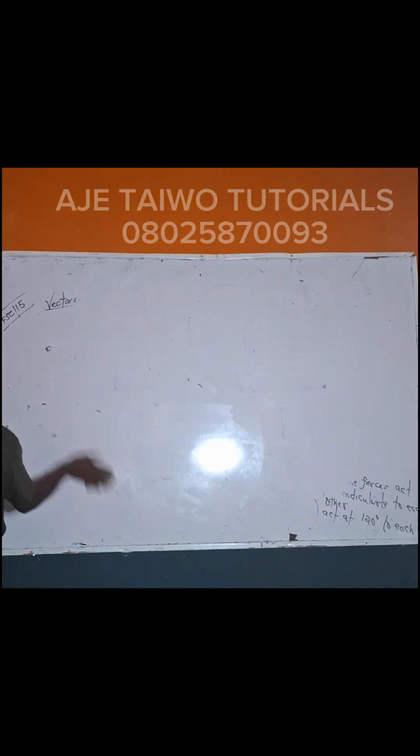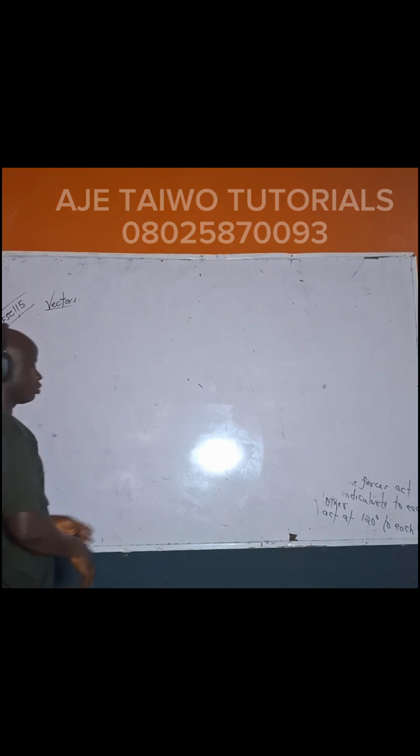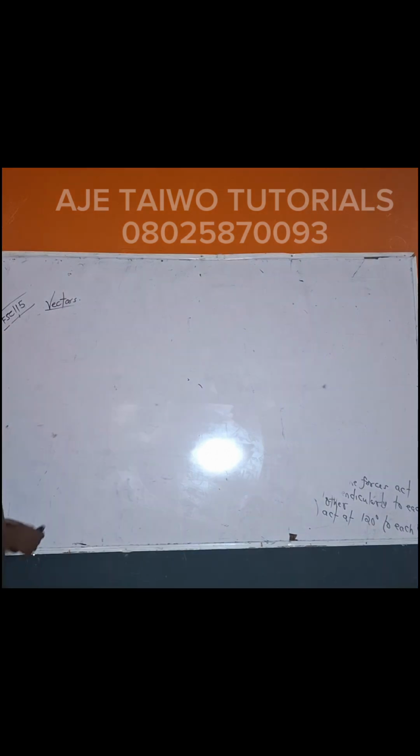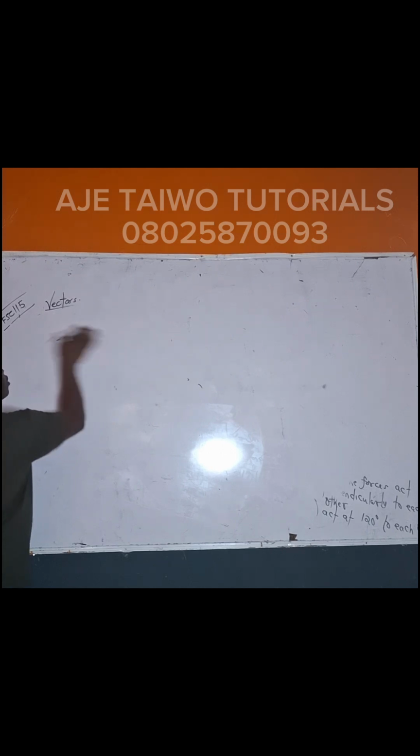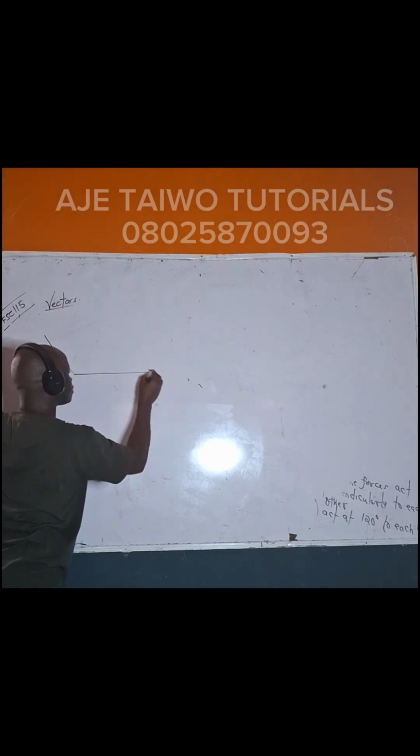Draw the 2 forces and put them at angle 120. Let me see what you draw. Do you draw 120 like this? No. To draw 120, you must show this.